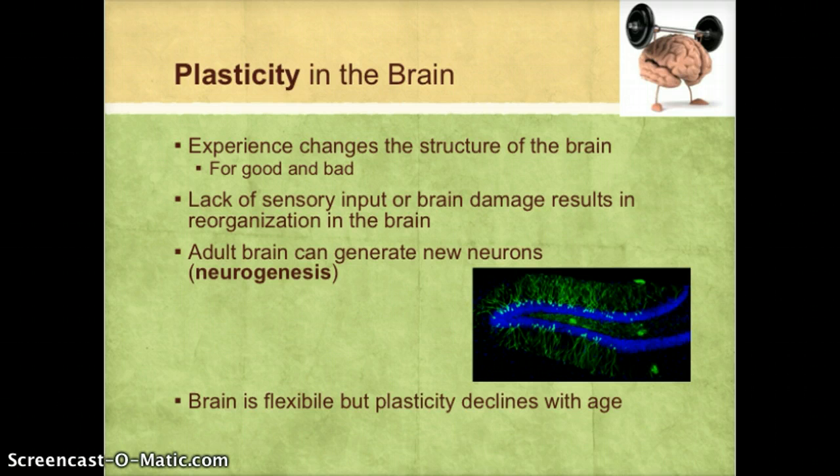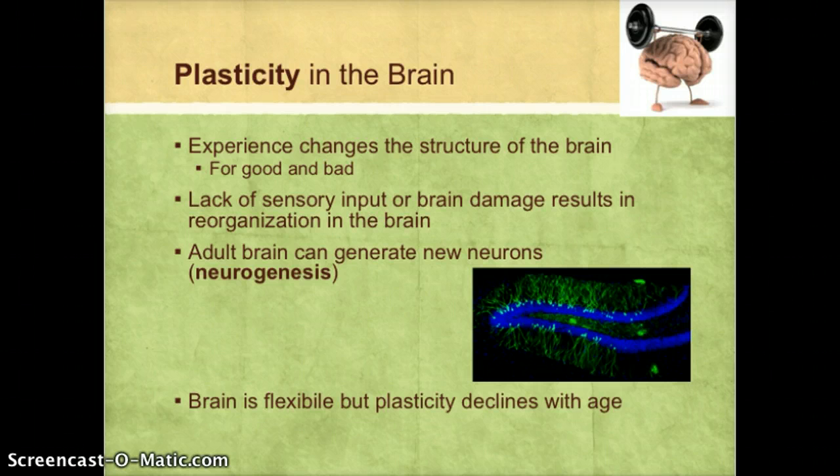Cataracts are sort of cloudy coverings over the lens of your eye that can make you blind. And we actually have the ability to take those cataracts off. But we have to do it as quickly as possible after the baby is born, because the longer we wait, sometimes the brain has been changed so that we have difficulty processing that visual information. So that sensory input is really important.